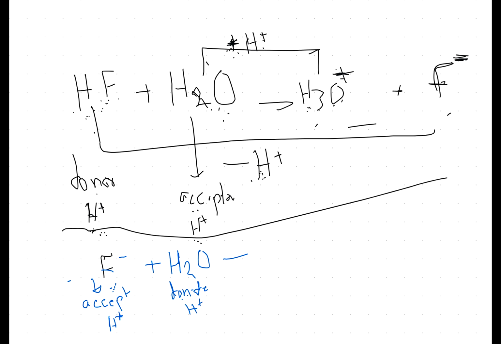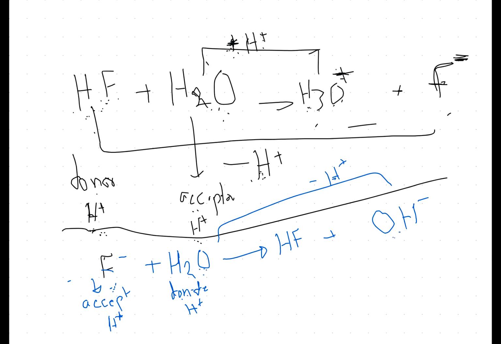So HF plus OH minus. Why is it now OH minus? Why is it now OH minus? Because it accepted. Because it lost. This is minus H. We take from it H. So this is the remaining. And this, we added to it H. So this is the answer.